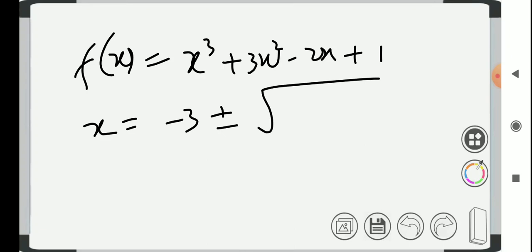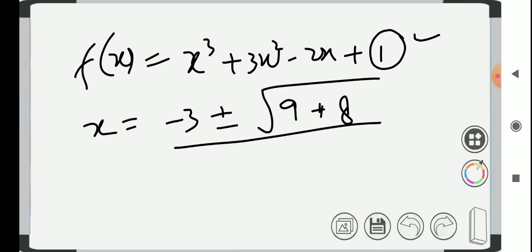B square is 9, minus 4ac. Also remember, this d term is not involved. It doesn't determine the max min points. It is not involved in the x values. Minus 3 times ac, 3 times ac is 3 times 1 times minus 2 upon 3a.